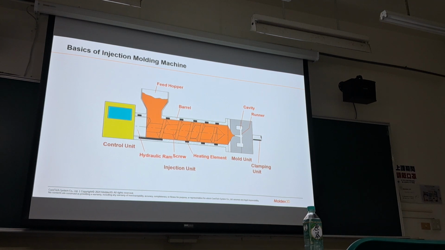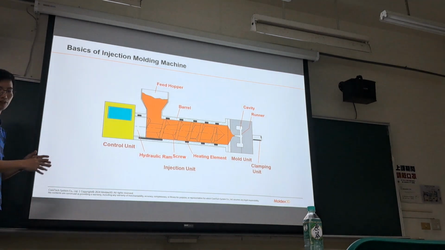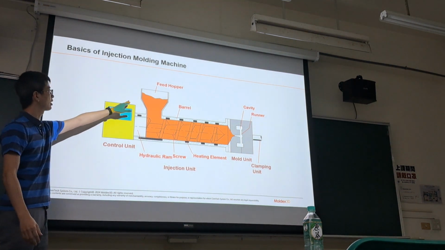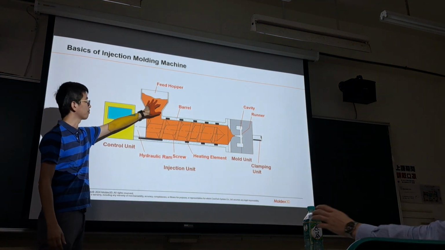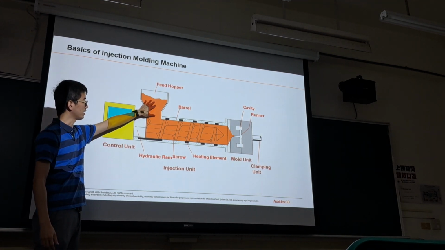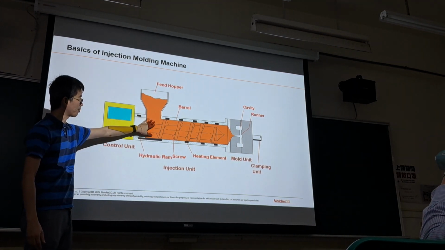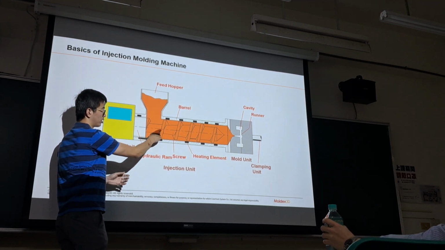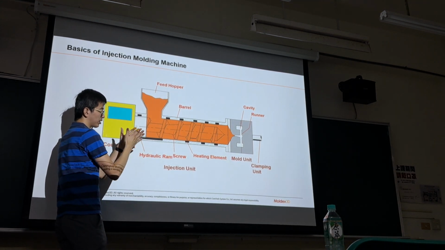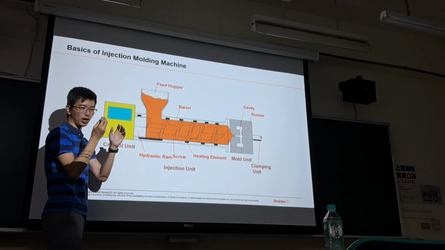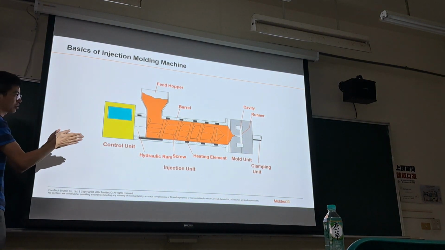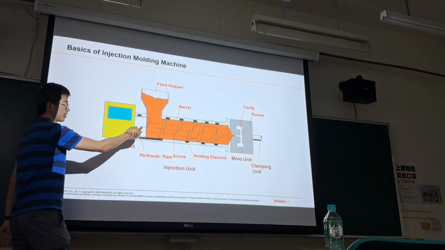So again, this is the basic idea for the injection molding machine. So we can put plastic pad into here and it drops down through the rotation, generating shear stress. And since polymer is a very high viscous material, the high shear stress will generate a lot of heat.